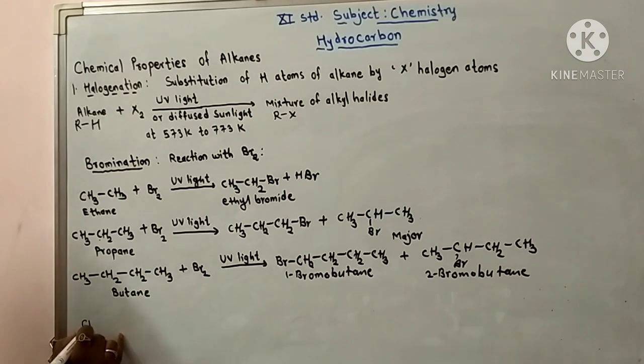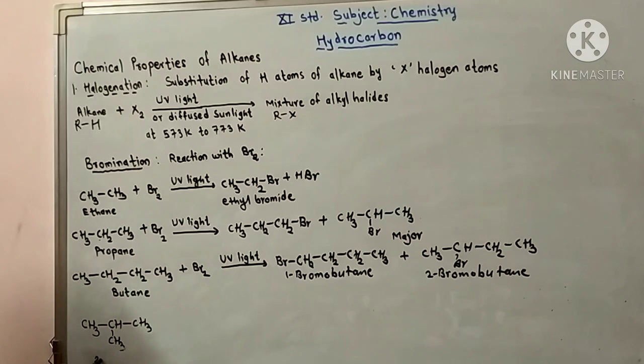Now isobutane, the next example, CH3CH(CH3)CH3. This isostructure has one methyl group attached, with four carbon atoms, so it is isobutane. That is the common name.